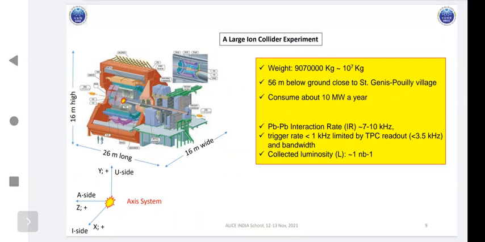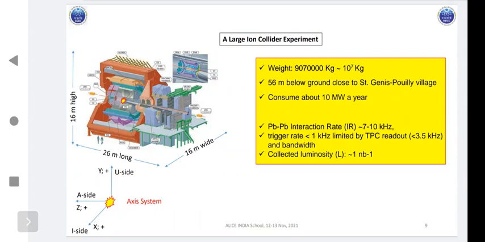What does this mean? The I side means if you are walking along the beam, and the center of the LHC ring is at your left, then the direction of your movement is the positive Z, the direction of your head is the positive Y, and the left side towards the center of the LHC ring is the inner side, I side. Okay.